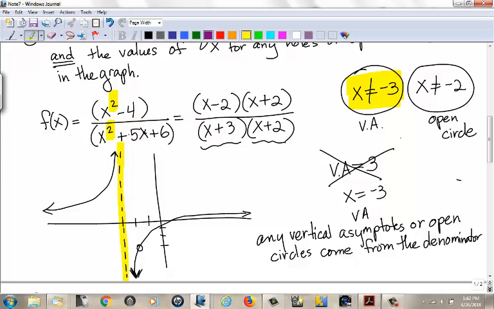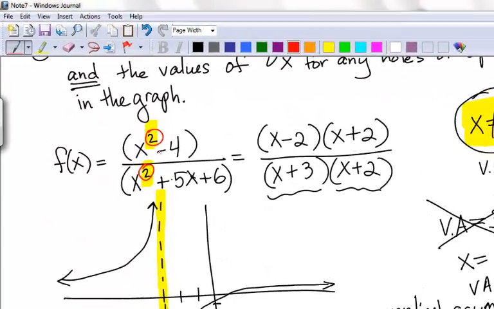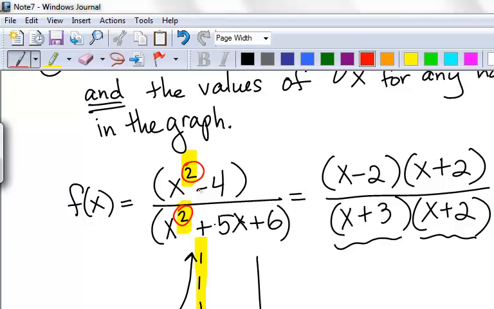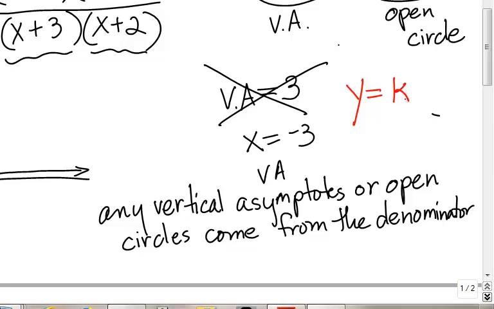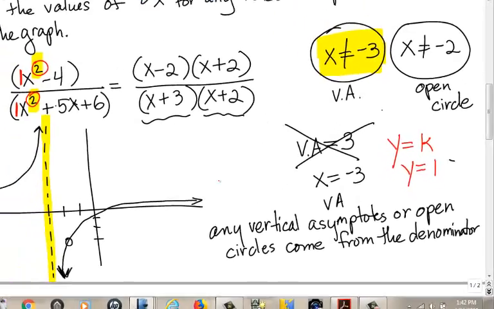The exponents are both equal, right? So there is a horizontal asymptote, y equals k, where k is the ratio of the leading coefficients. So 1 divided by 1? 1. So the horizontal asymptote is y equals 1.